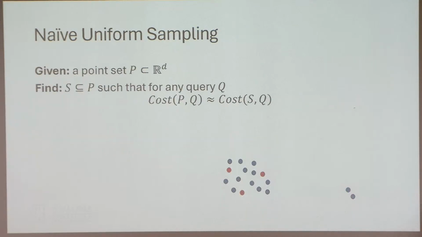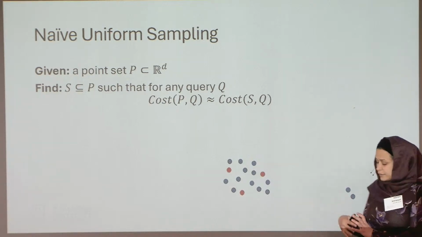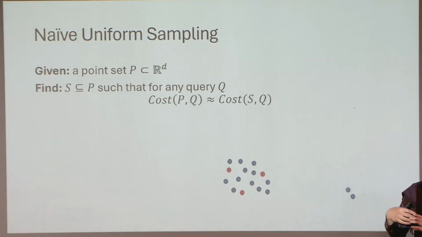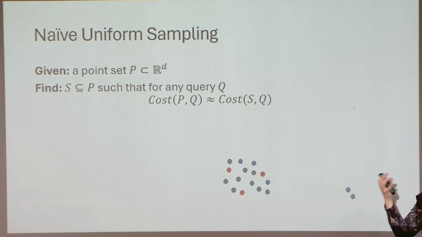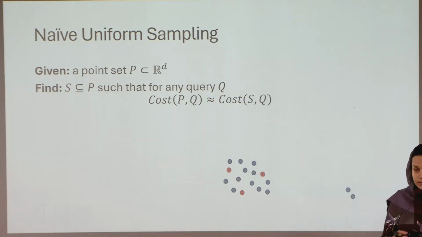In fact, this is one of the general techniques that people have been using in the context of getting coresets for clustering problems. One of the most intuitive ways to get a coreset that comes to mind is maybe we can do naive uniform sampling, right?